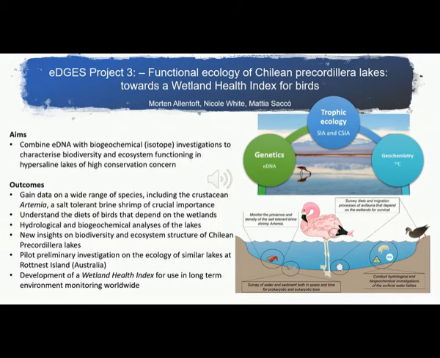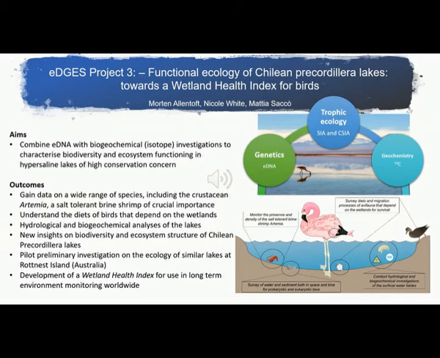the wetlands for survival. Our expected outcomes involve gaining data on a wide range of species, including the crustacean Artemia, which is a salt-tolerant species of crucial importance for the ecological functioning of the wetlands.